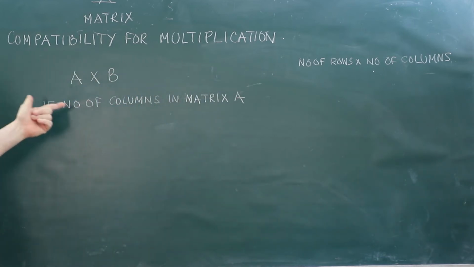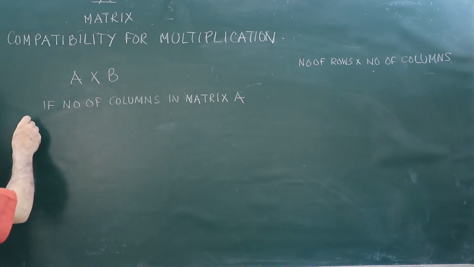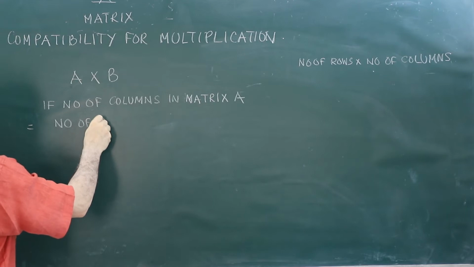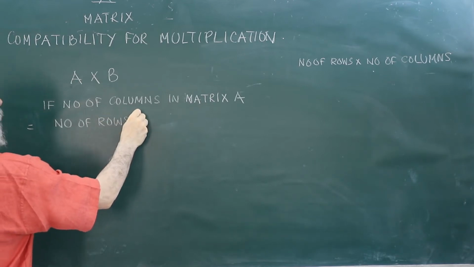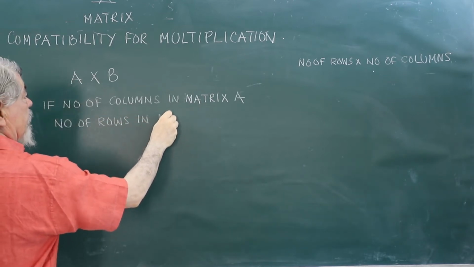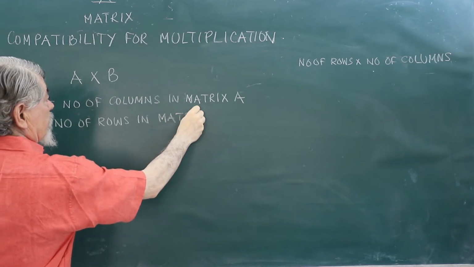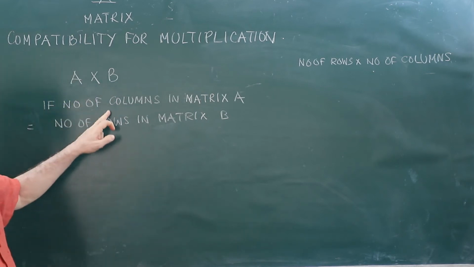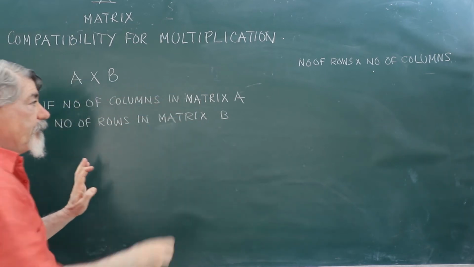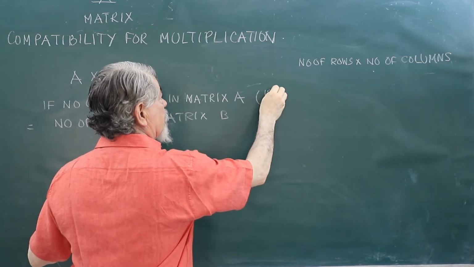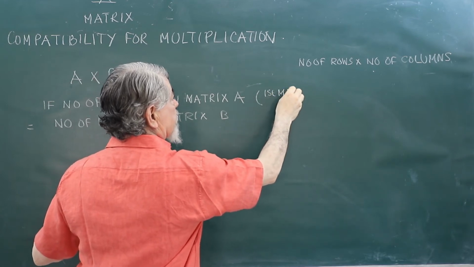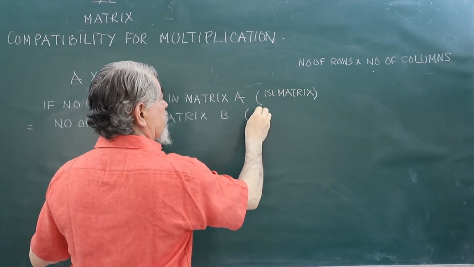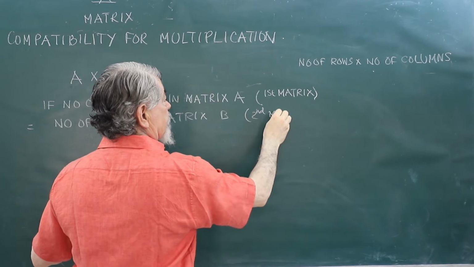Number of columns, if number of columns in matrix A is equal to number of rows in B, number of rows in matrix B. We can call matrix A the first matrix for convenience, and B the second matrix.